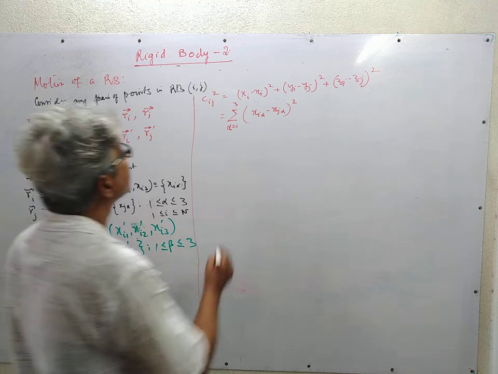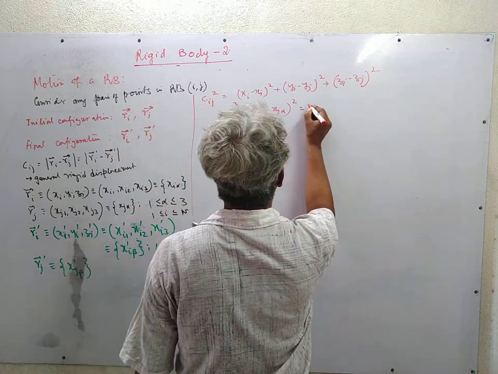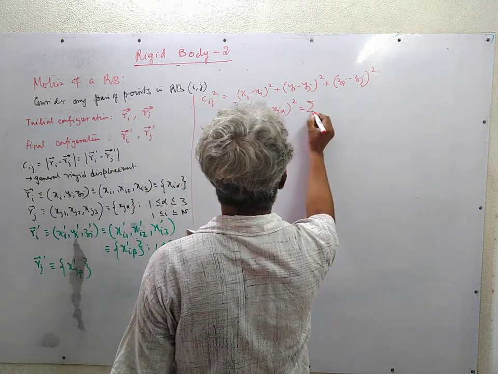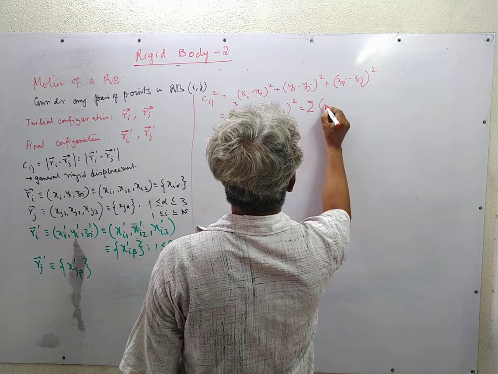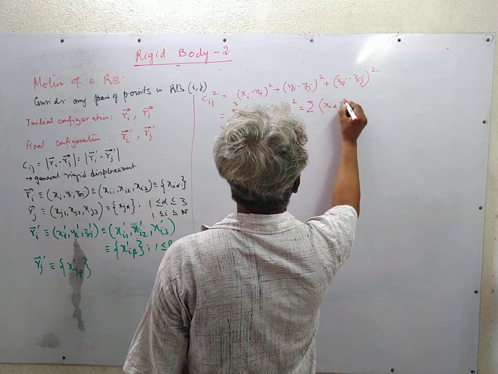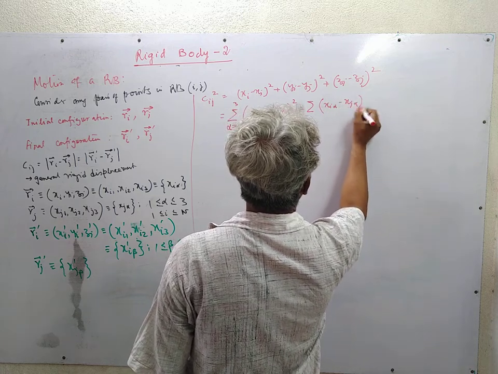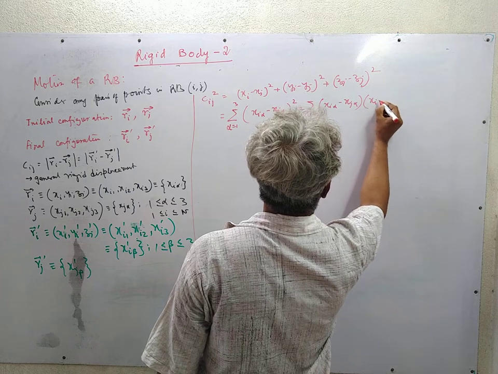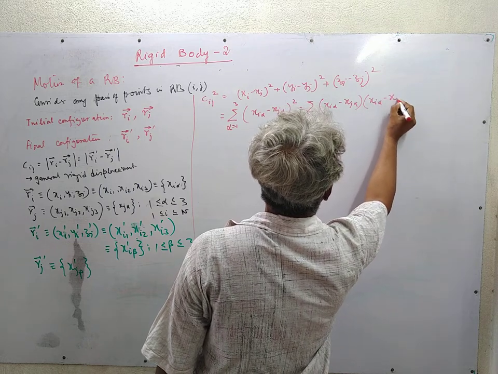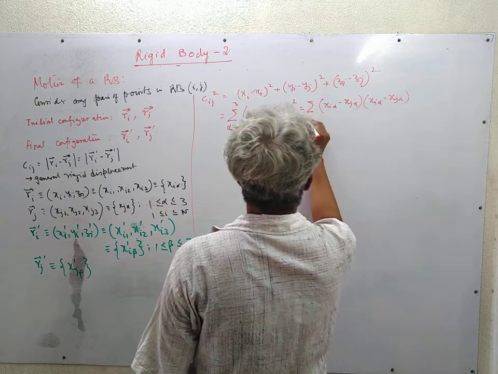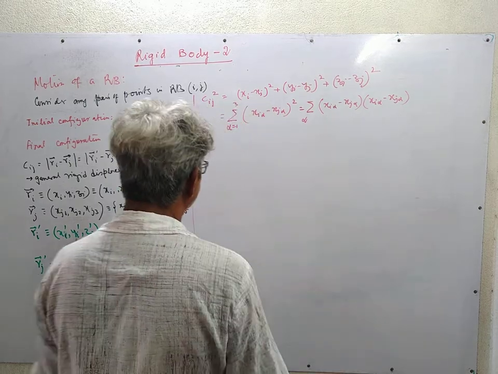This can be written as a sum over alpha.